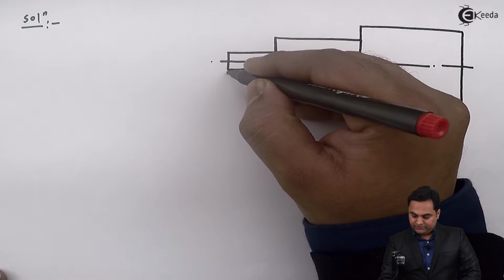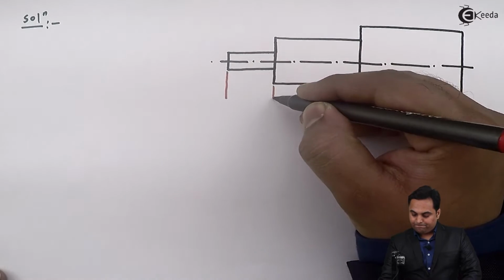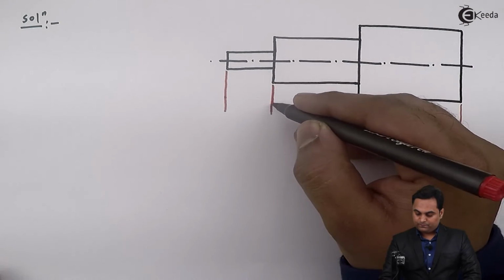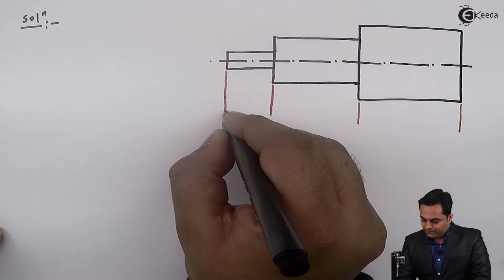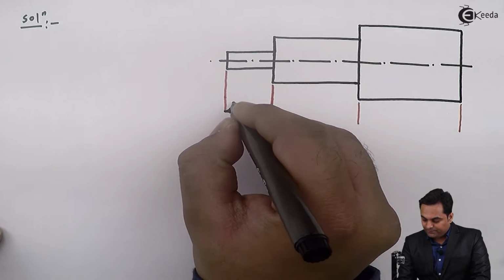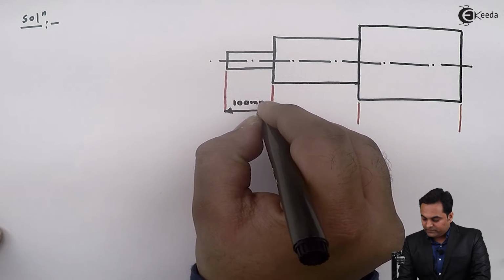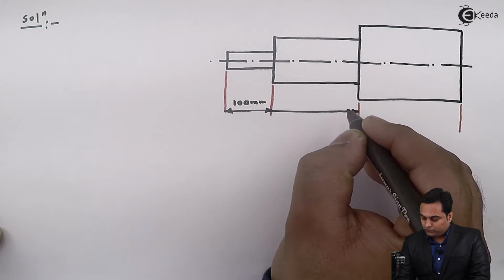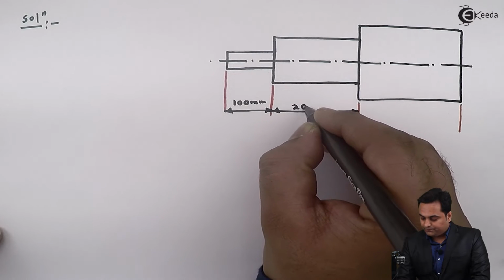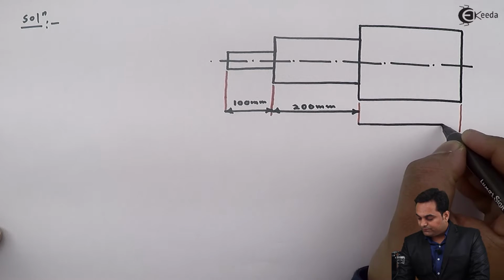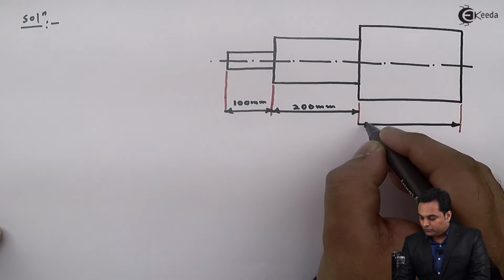I'll mark the length and respective diameters. The first length is of 100 mm. Next it is of 200 mm. At last again we have a length of 200 mm.